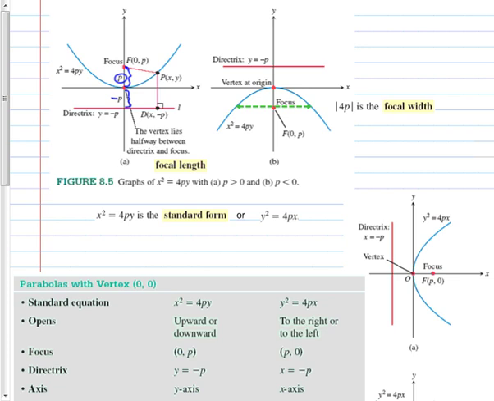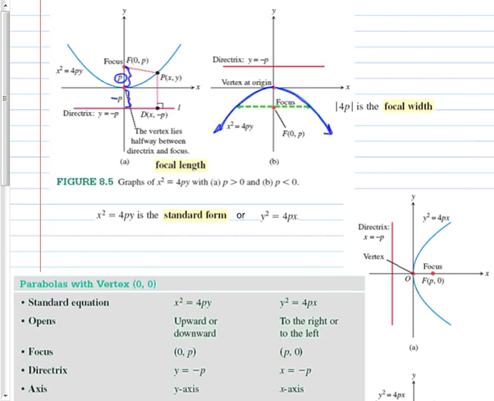So this distance P is the key value that helps us write equations for parabolas. When they open up, the p-value is positive. When they open down, like this one here, the p-value is a negative value.